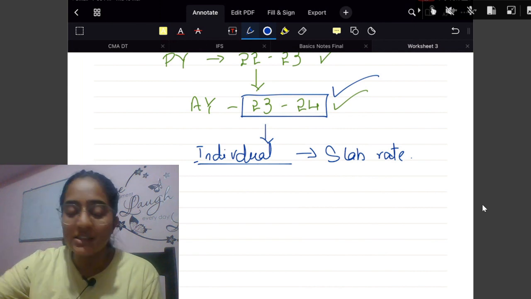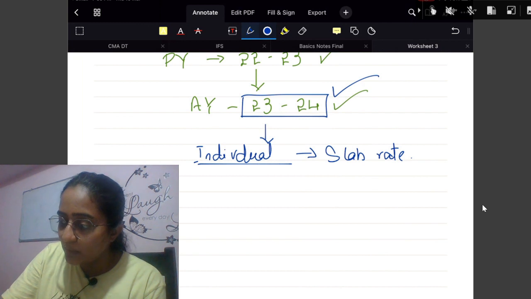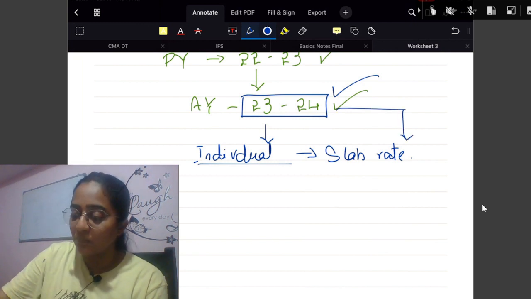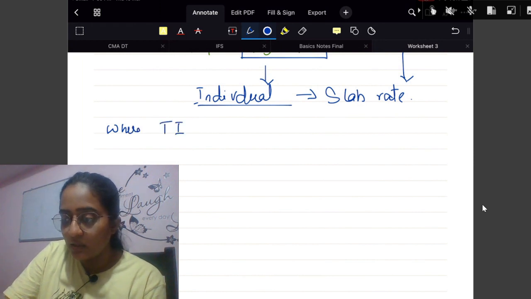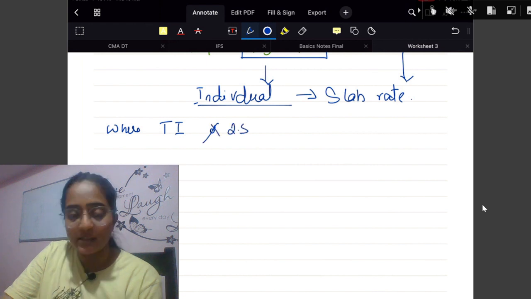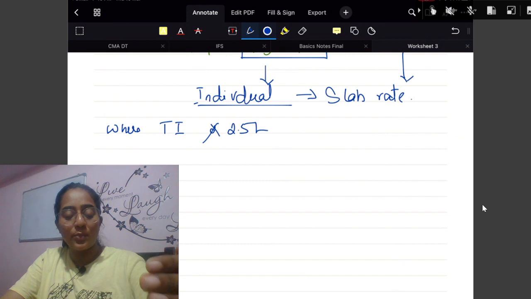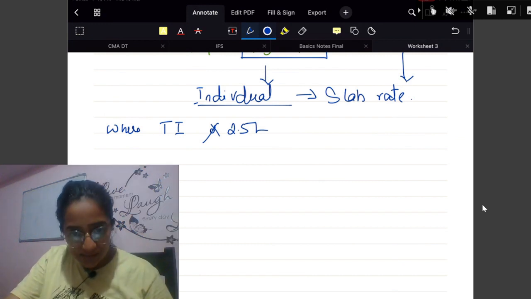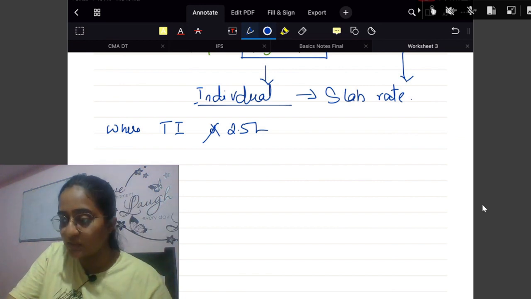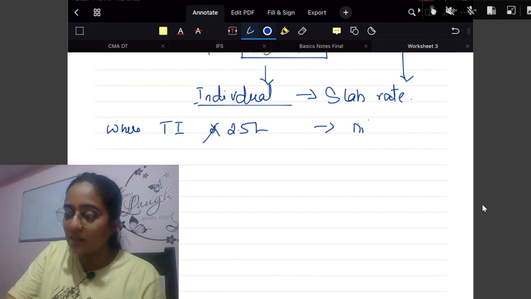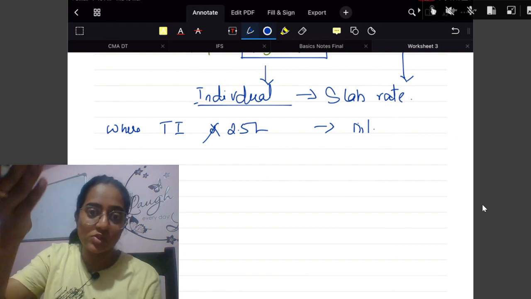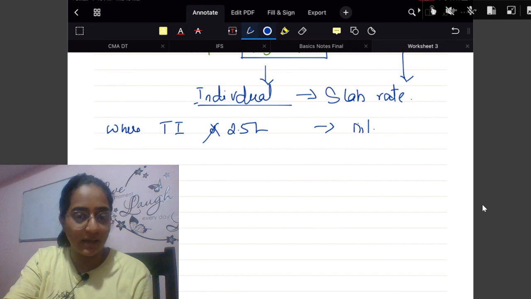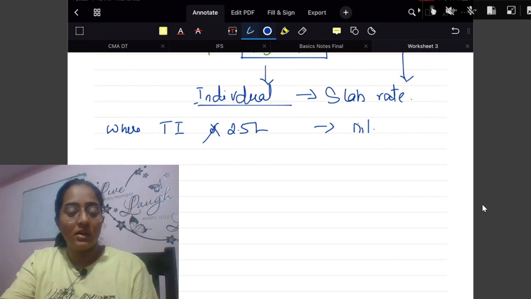Now, the slab rate applicable for assessment year 23-24: where your total income does not exceed 2.5 lakh, that is 2,50,000, then the tax rate applicable for you is nil. Why? First of all, your income is less than 2.5 lakh, and you are struggling to live a life in India.